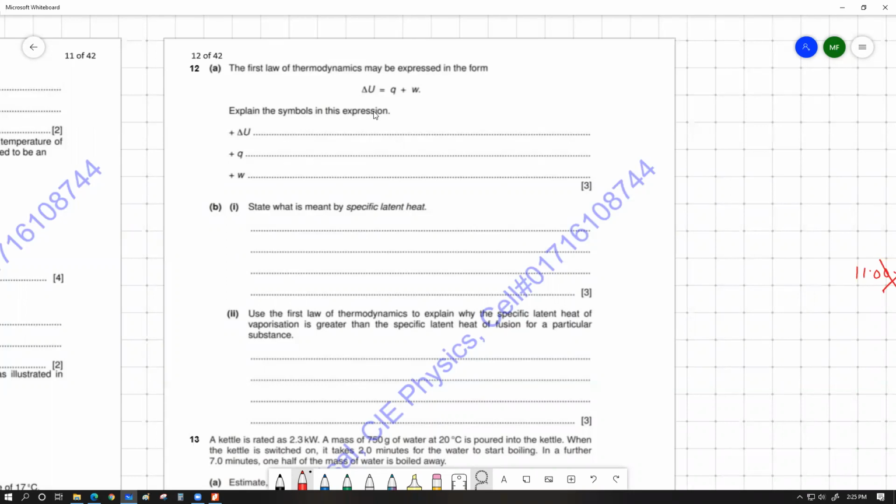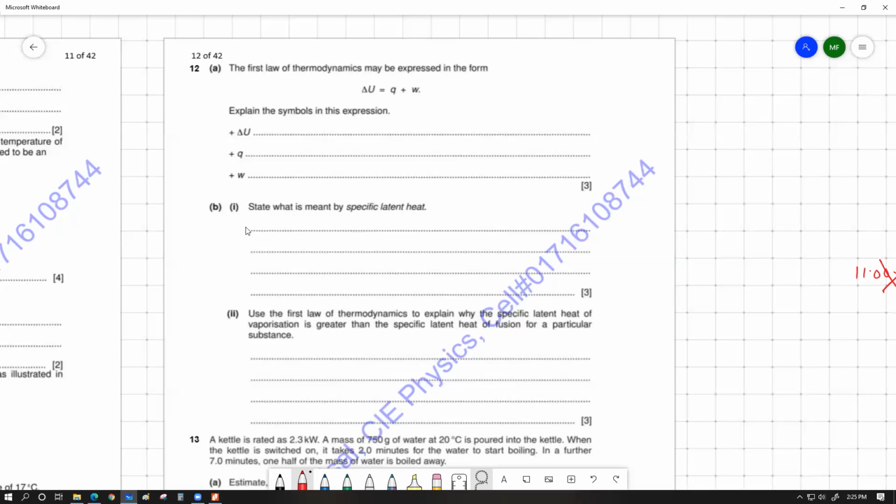Explain the symbols in this expression. So if I was answering this question, I would write this way: increase in internal energy of the system, Q, heat supplied into the system, W, work done on the system. So be careful about the prepositions because that's what's important.